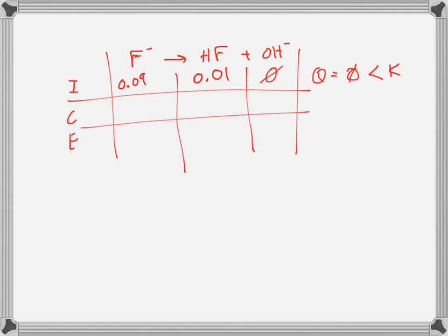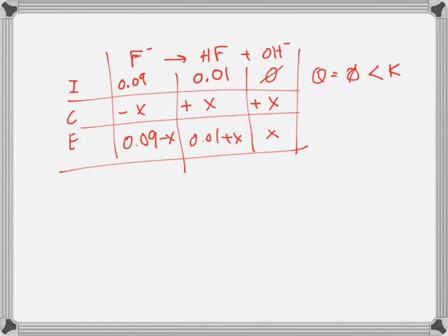Less than K. Thank you for saying less than. I was going to write the wrong thing. Which means our product values go up, our reactants go down. By how much? X. Our equilibrium concentrations: 0.09 minus x, 0.01 plus x, x.